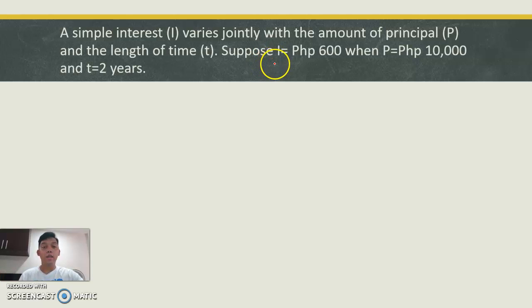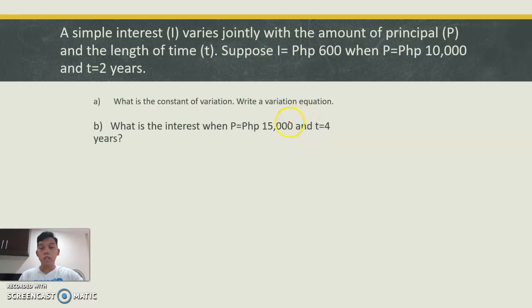Suppose the interest I is 600 pesos when the principal amount is 10,000 pesos in 2 years. First question: what is the constant of variation, and write the equation. Second: what is the interest when the principal amount is 15,000 and the number of years is 4.